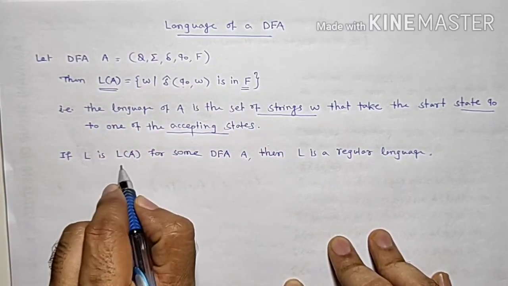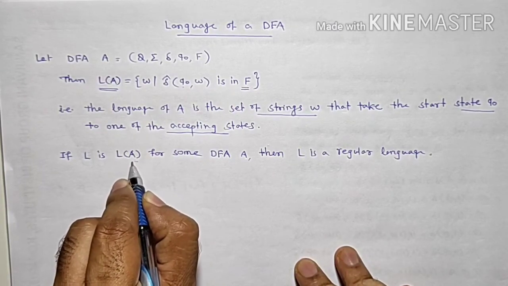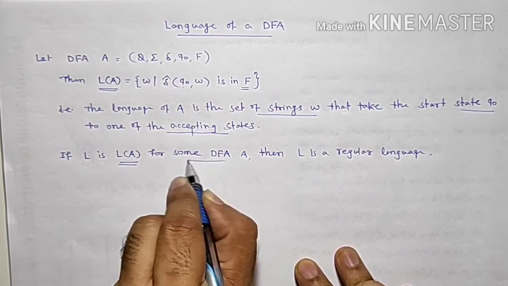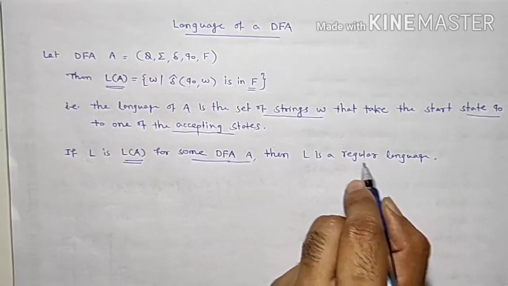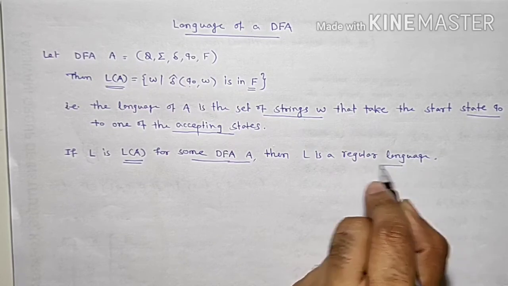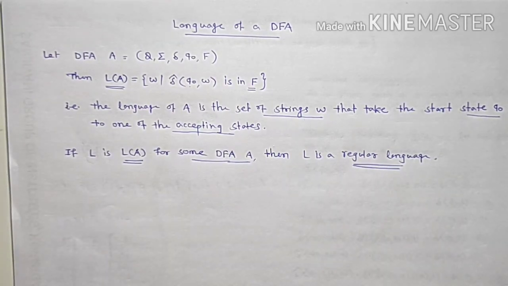So if L is the language of a DFA, L of A for some DFA A, then we can say that L is a regular language. So it is a regular language. Okay. Thank you.